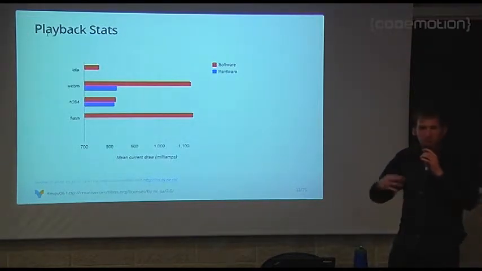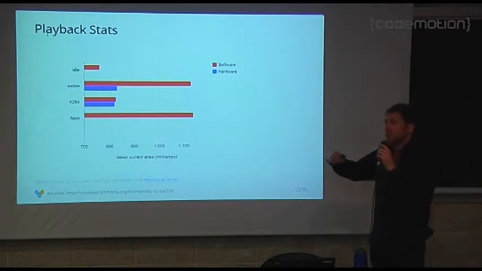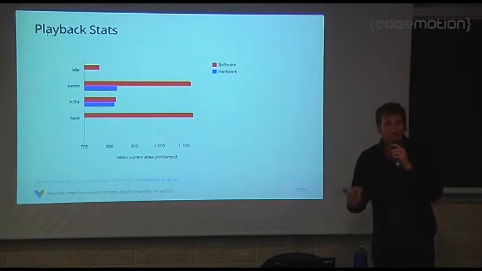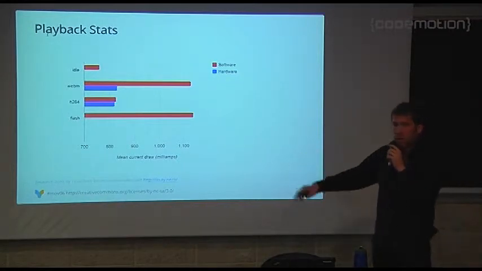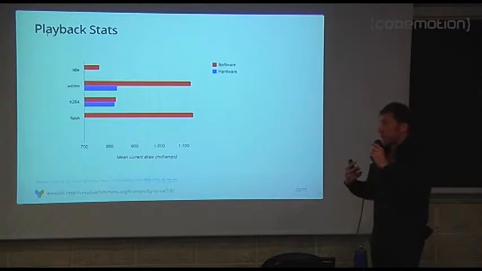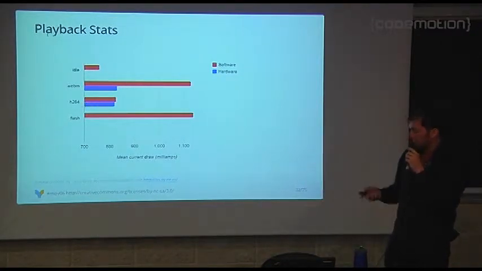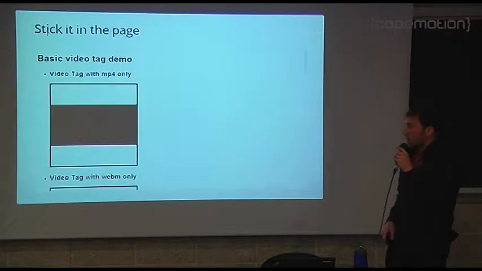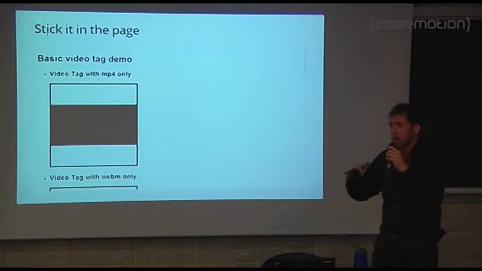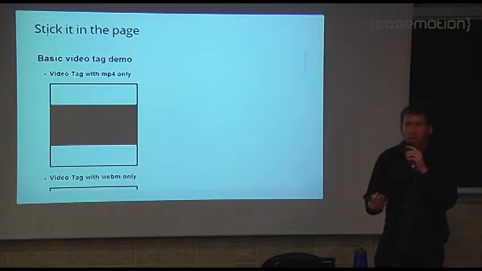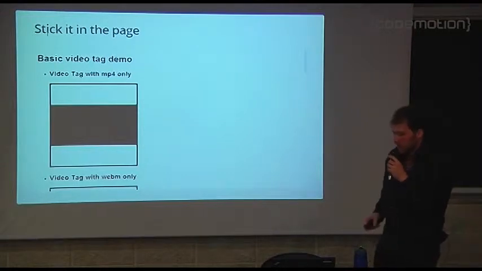H.264 has had plenty of years to go over iterations and make it better. And I hope that WebM will, once we actually start seeing it in phones, because it's really difficult to find a phone that can do hardware decoding of WebM. But once we start seeing that, and we've had a couple more iterations of it, I do hope that this line will be lower than that one. So anyway, I definitely recommend that you put H.264 as the primary format and then fall back to WebM in cases where the user can't view an H.264 video.